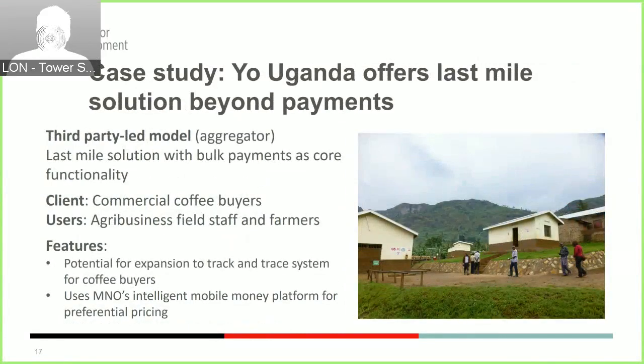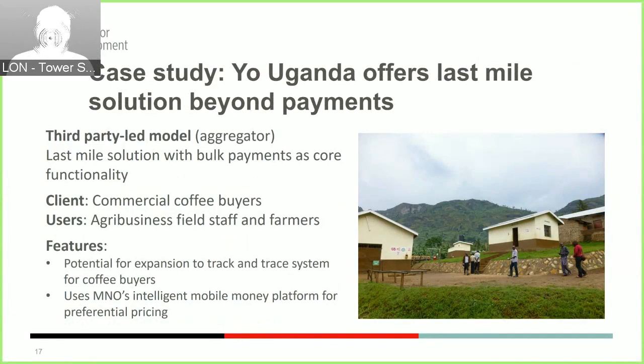As another case study, here we take the example of a solution that can support a medium to large agribusiness. In this case, we have a digital tool offered also in Uganda by Yo, a provider of mobile value-added services and digital payment solutions. Yo has developed a solution that integrates the basic bulk payments platform of the mobile operator, very similar to the one we just discussed in the case of UTL.